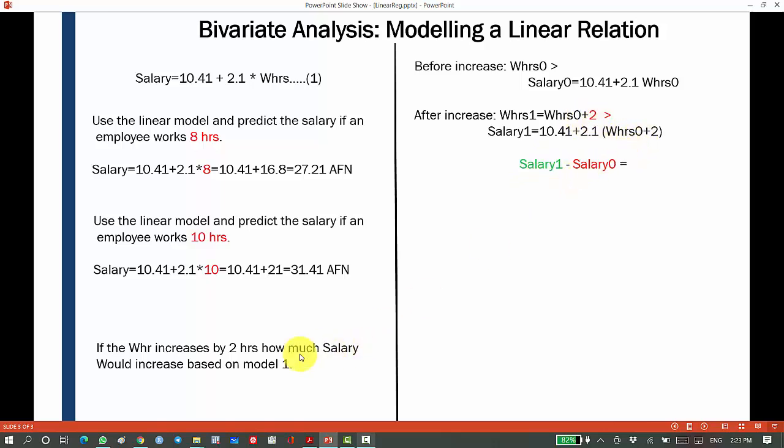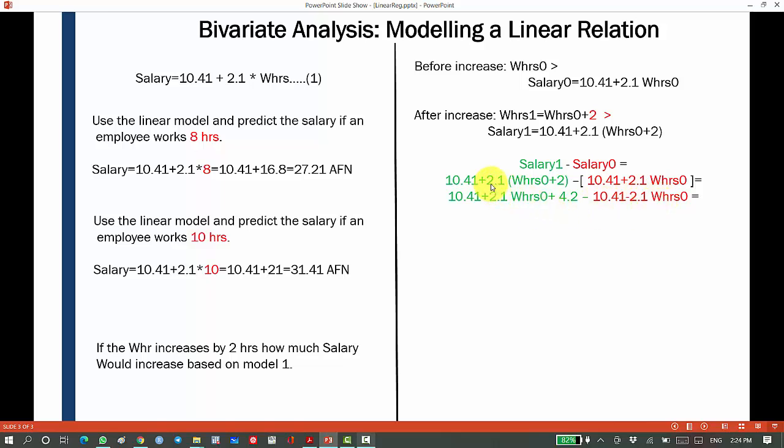Now, since we want to find the difference in salary, or how much the salary has increased, we find salary 1 minus salary 0. Salary 1 is nothing but 10.41 plus 2.1 times working hours 0 plus 2, minus salary 0, which is 10.41 plus 2.1 working hours 0. Doing some simplification, multiplying the minus inside, we get 10.41 minus 10.41 minus 2.1 working hours 0.